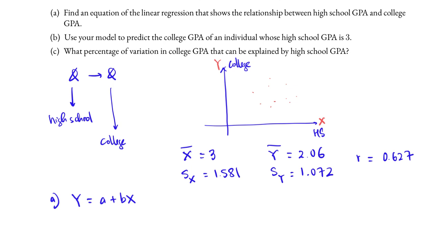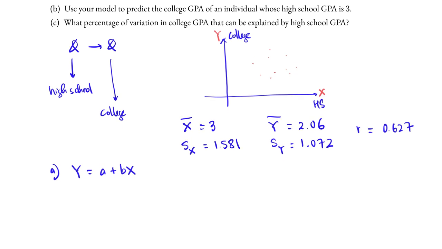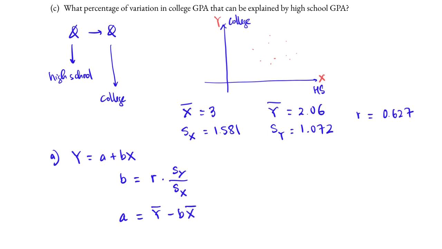Recall that with the given 5 statistical values x bar, s sub x, y bar, s sub y, and r, we can compute b. b is r times s sub y over s sub x, and we can also compute a after. a is y bar minus b times x bar. This is why we need to compute b first.